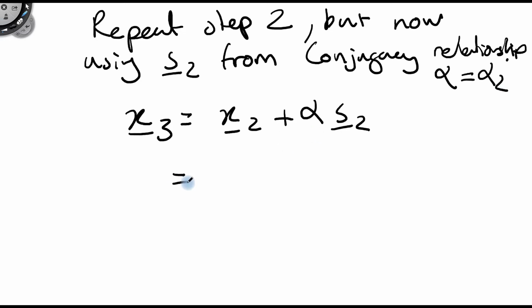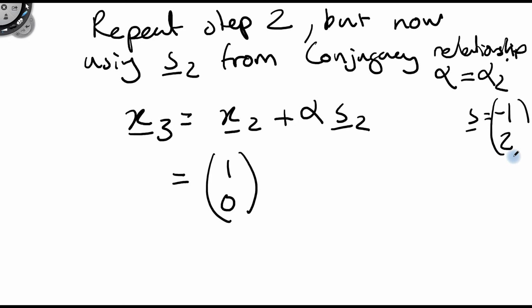And x2 before was (1, 0). And s2, remember, is (-1, 2).